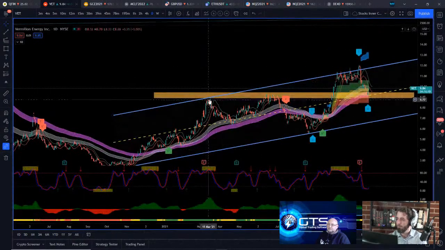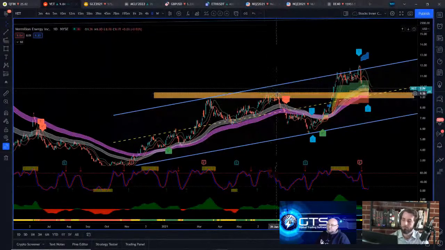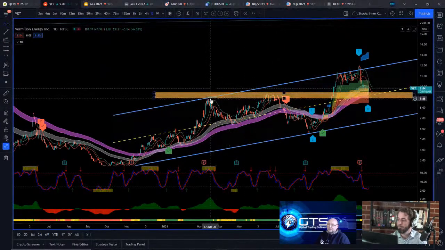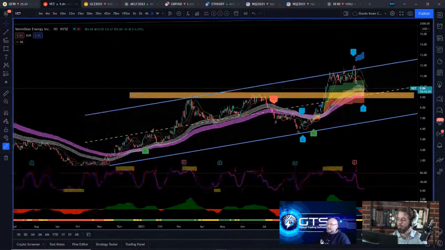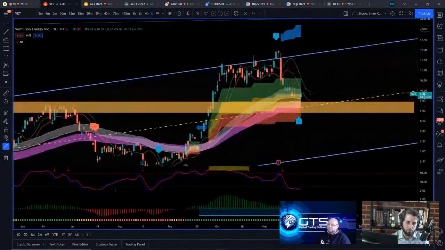This is a big linear support and resistance zone. We've got this big crown here where we attempted to push through and it failed. The bottom end of that support zone is where we tested the upper bound of the channel, and just coincidentally, this is where we have found linear support as well.